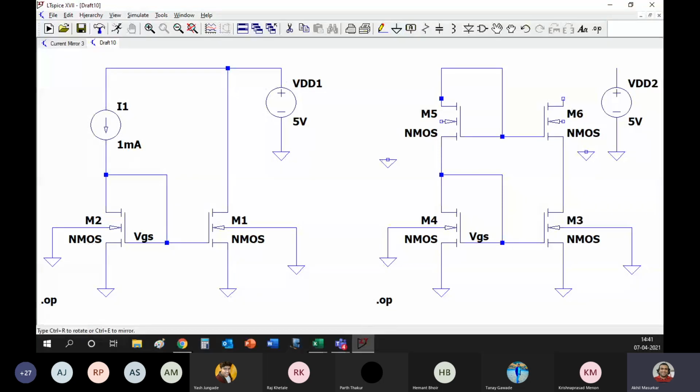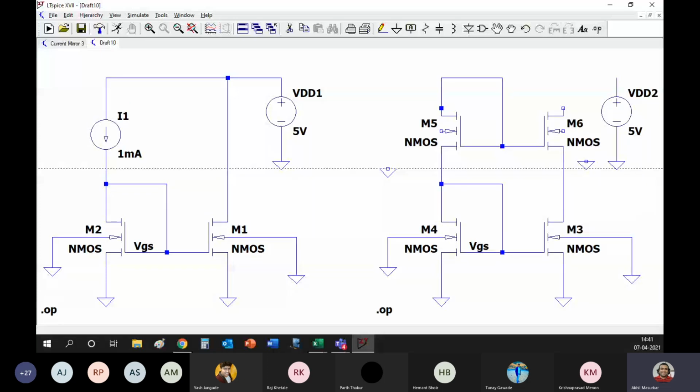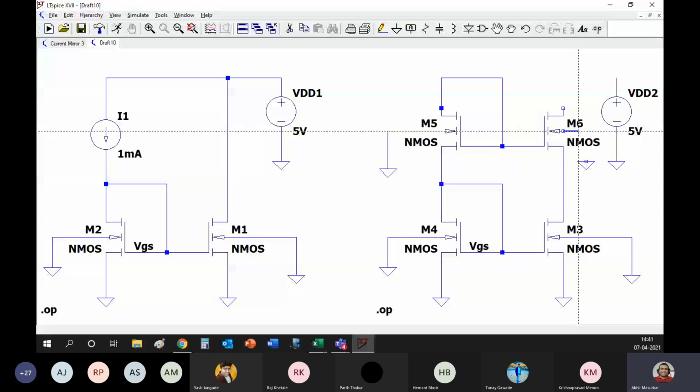So again we need to do some ground connection. So what we are doing is connecting the cascode transistor. Even a cascode transistor requires a current source.